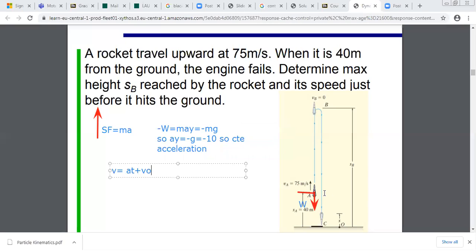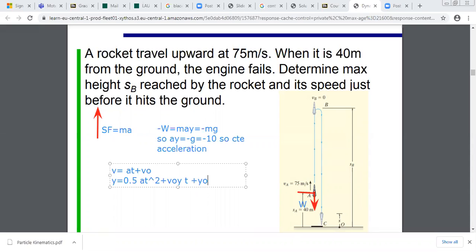And we have that s is equal to 0.5 times a t square plus v0y t plus, so here it's not s, we will take y because we are moving in y, plus y0.